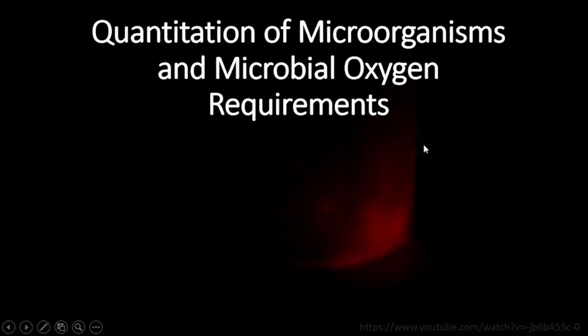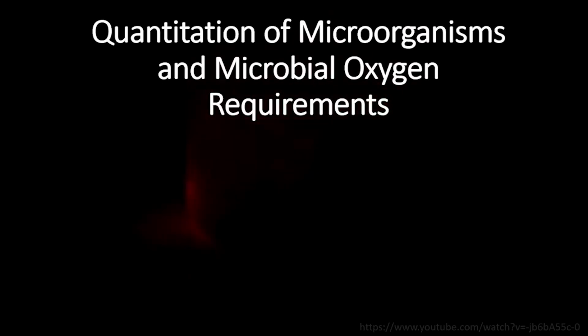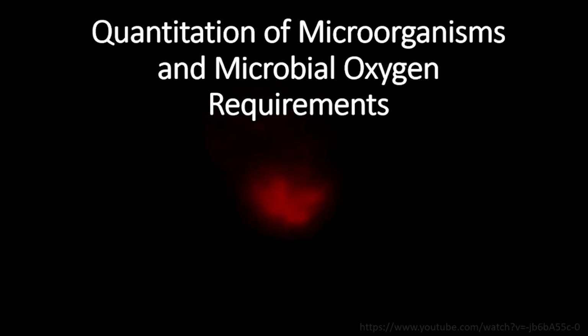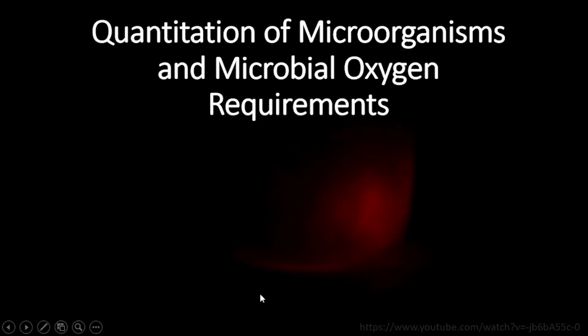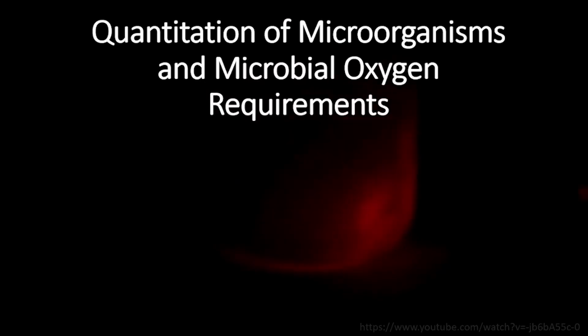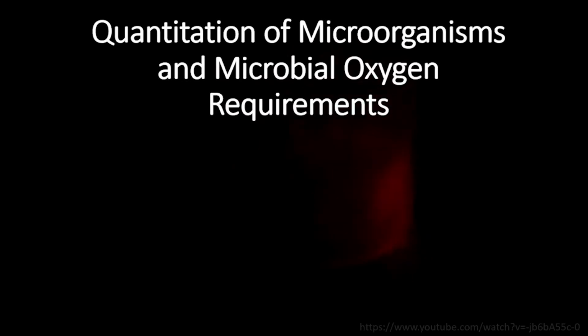We're going to talk about the quantitation of microorganisms and microbial oxygen requirements, which is a very boring title, I know. Real quick though, what you can see in this little image is a reaction that involves singlet oxygen, which is a reactive oxygen species. It is kind of the most basic but dangerous form. It is incredibly dangerous.